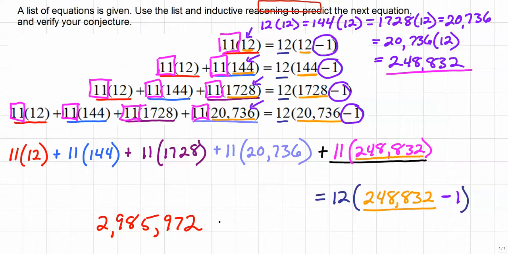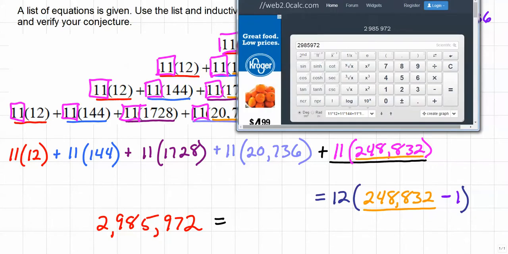And now we need to go ahead and verify that the right hand side is also equal to 2,985,972.